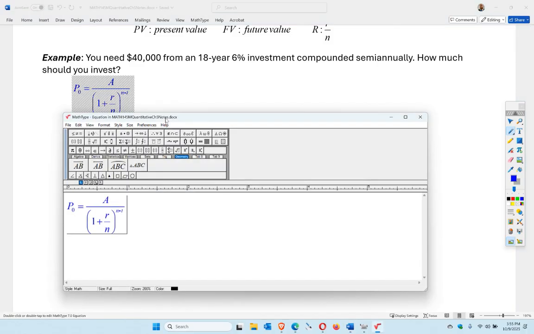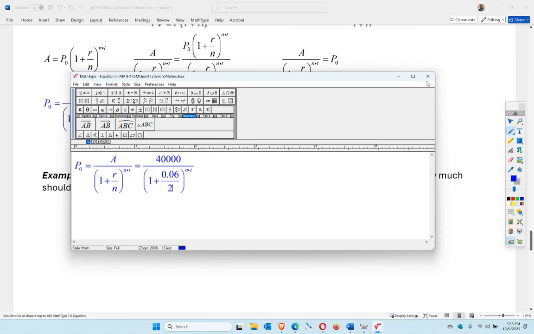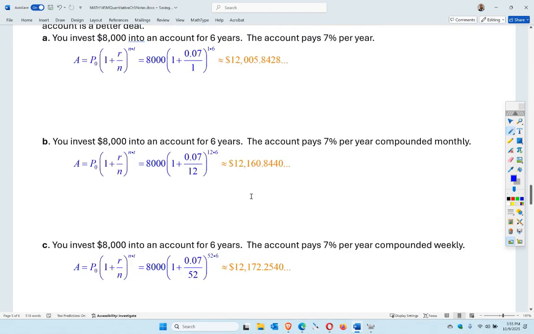Okay, so the amount that I want, we'll do an equals, and we'll do this. So we need $40,000. That's the amount that we need. The rate I'm being paid is 6%, so 0.06. This is semi-annually, which means 2. If you don't remember, all you have to do is go back up to this little list up here that I made.